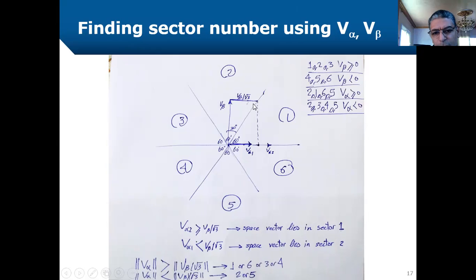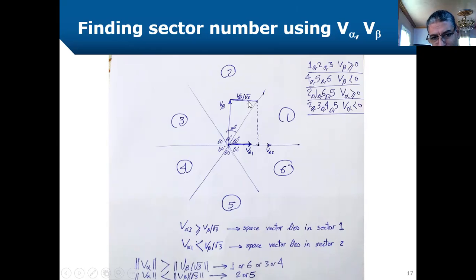So look, if V alpha is greater than V beta by square root of 3, then this reference vector will be in sector 1, of course, because the resultant will have an angle that is less than 60 here. So the vector will be located in sector 1.